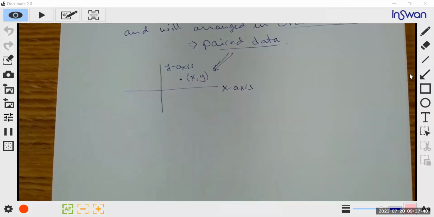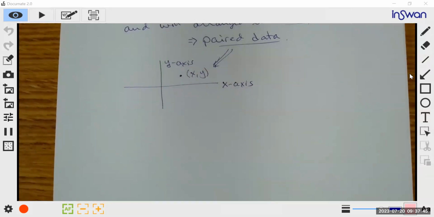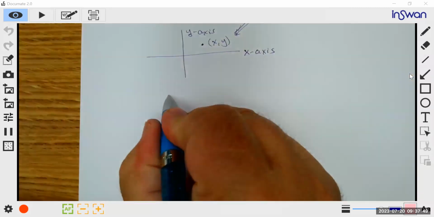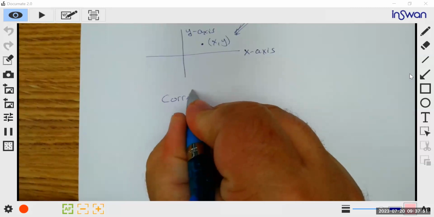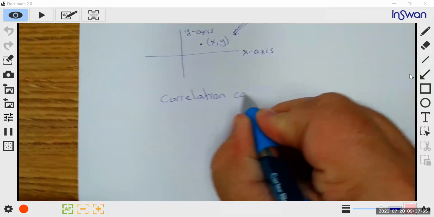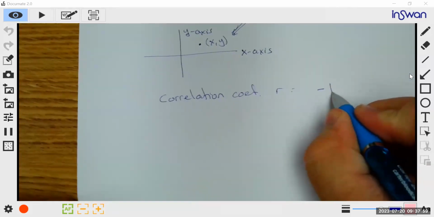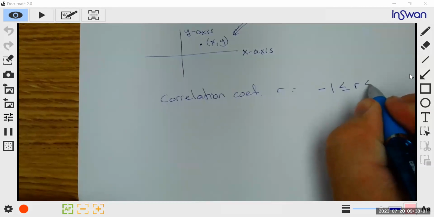Very good. That's exactly what correlation is. The correlation coefficient R ranges from -1 to 1.